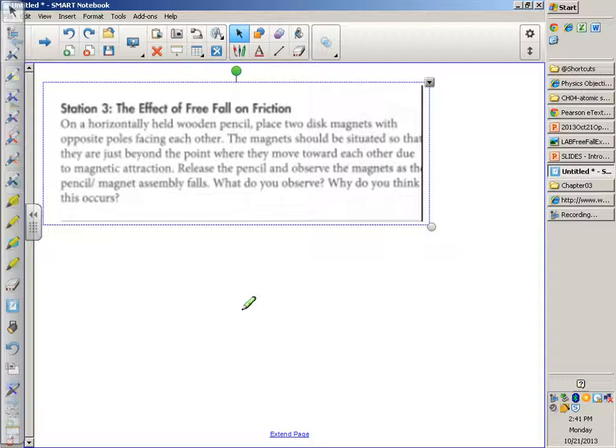All right. So I'm going to take this book to a high place. So, here's what I'm going to do. I'm going to drop this book and the magnets on top of it.